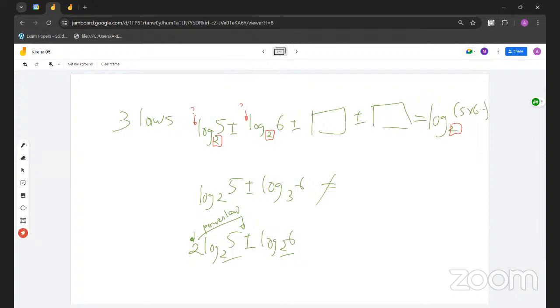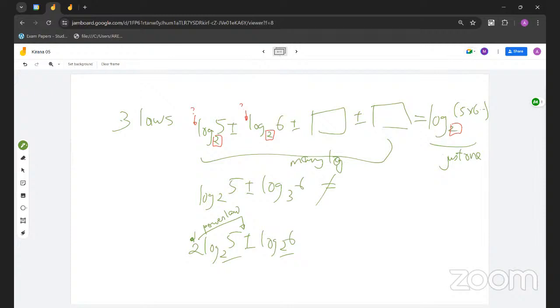Now, the point of this law is to make many logarithms into just one. And that's very beautiful. It is excellent when you want to simplify your logarithm. I just have one in the end. Do you understand what I'm saying? That's the whole point.